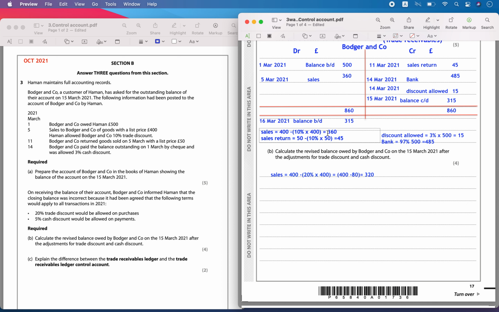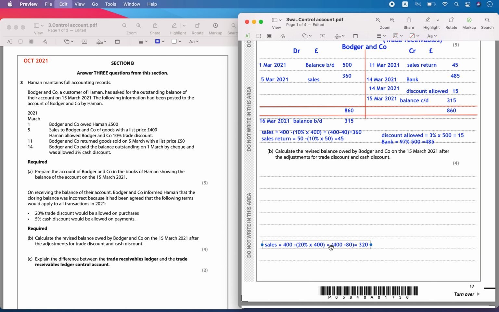So you would have bought at 320. Here also we'll include one more step. So for 400 minus 40 he would have had to pay 360. So here the sales he would have had to pay 320 only.